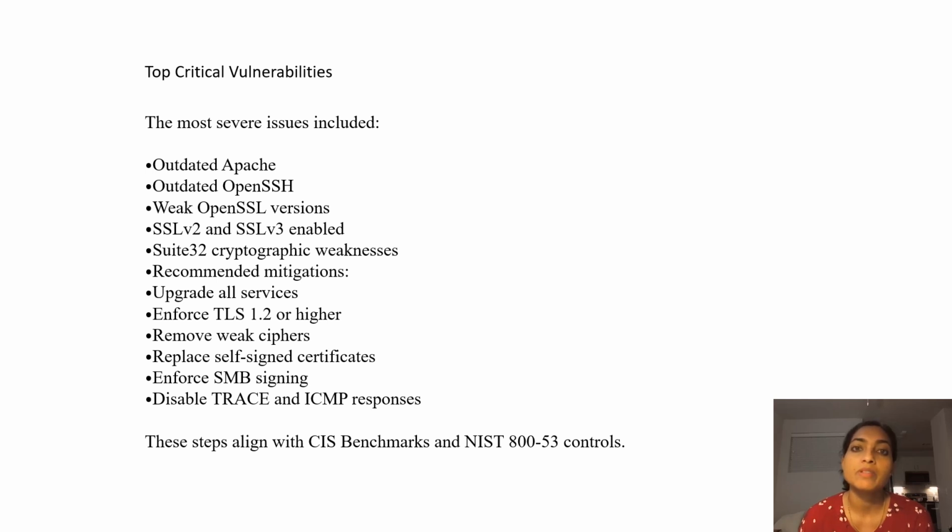These steps align with CIS benchmarks and NIST 800-53 controls. The likely root cause of these issues is a reliance on a legacy Apache and OpenSSH stack with insecure defaults and missing patches, creating an environment ideal for exploitation.